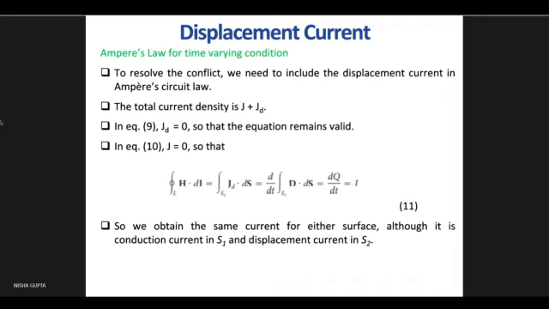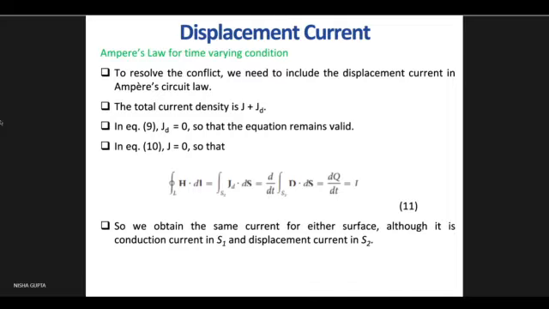It may be a dielectric, or something else, maybe free space also. So there is no conduction current. Now what we get is H dot dl equal to, instead of J dot ds, JD dot ds. And this JD, we know, can be written as del by dt of D dot ds.